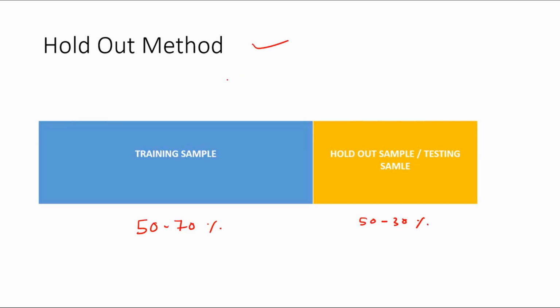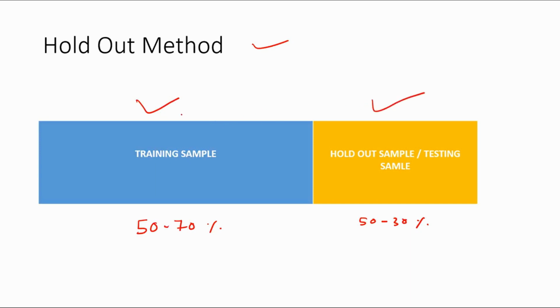You might have already used it if you have gone through some of my videos on different case studies. I have mostly used the holdout method while demonstrating the cross validations. So what you essentially do in holdout method cross validation is that you split the sample data into 2 subsamples.